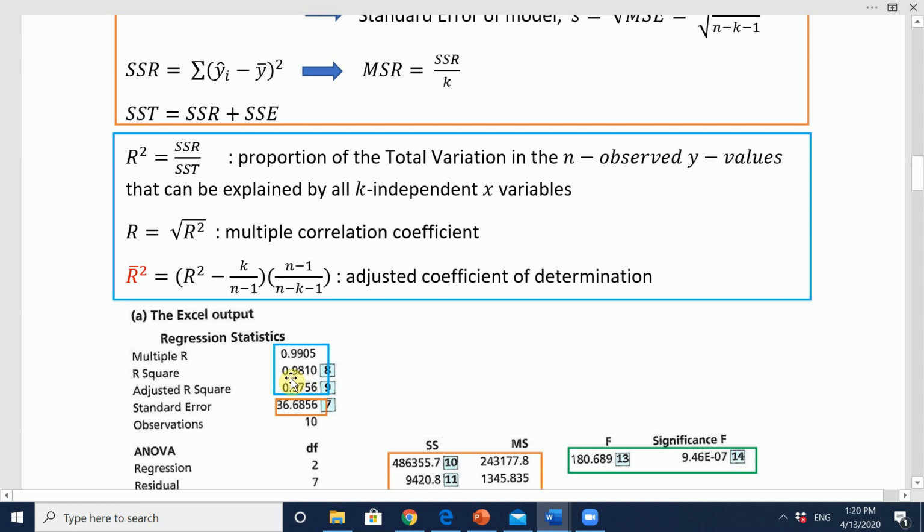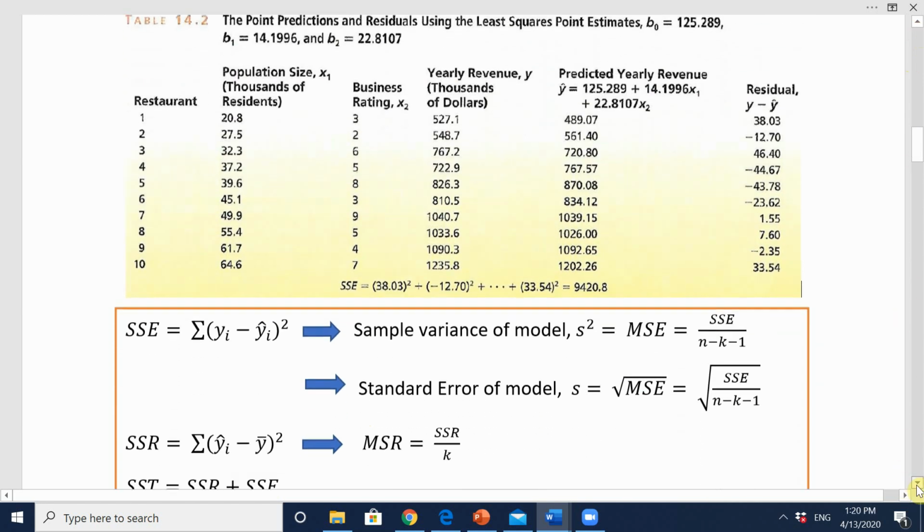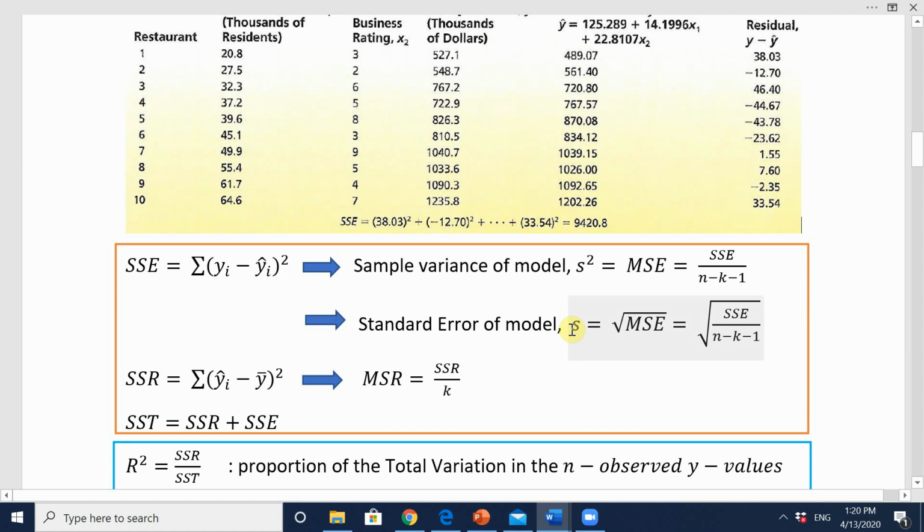It can be perhaps equal to your R square or less than, but never greater than R square. Okay, and then this value, the standard error that I have in the orange box right here, well, that is in fact the standard error of your model, right? So it's this value right here, S equals the square root of the mean squared error term.